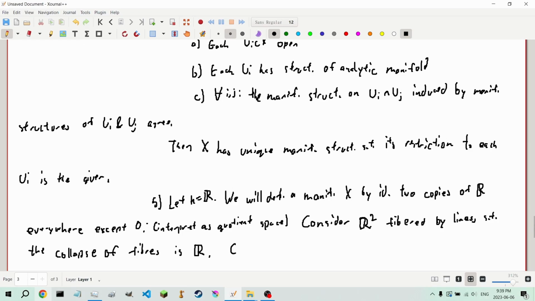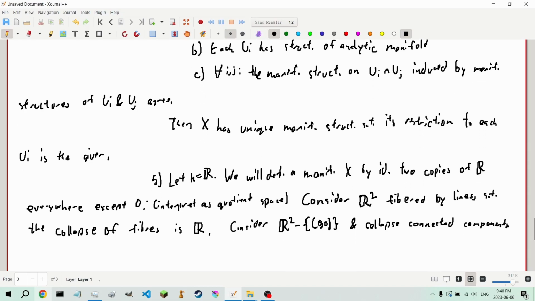Now consider R squared minus the origin and collapse the connected components of the fibers, which is essentially just our original fibers except for the one containing the origin, which is going to split into 2.